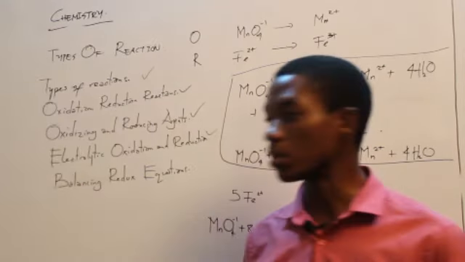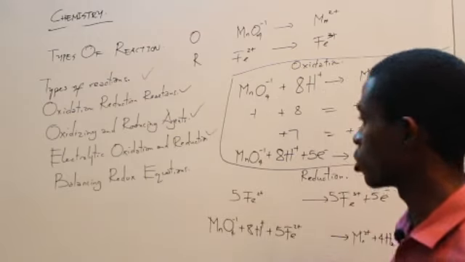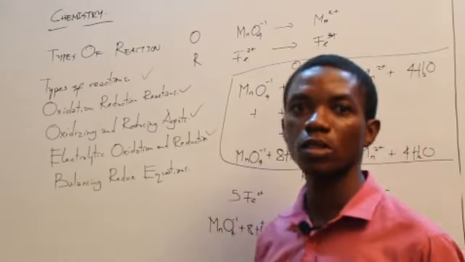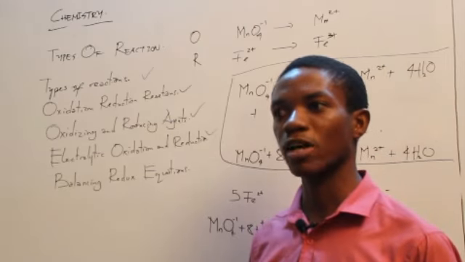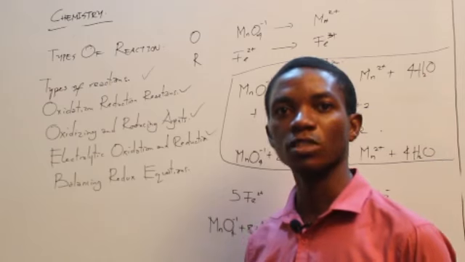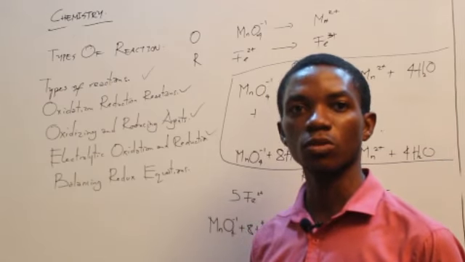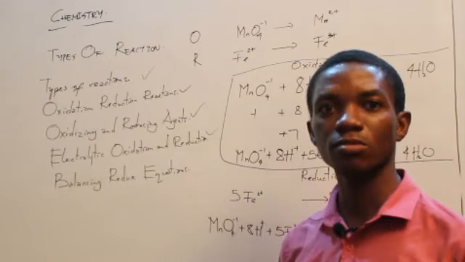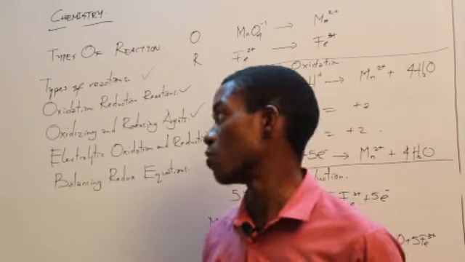That's how we go about the balancing of redox reaction. In this particular lesson, we considered types of reactions. Then we looked at the different types of reactions. We talked about combination, decomposition, displacement, double decomposition, thermal dissociation, the redox reaction, reversible reaction, catalytic reaction.